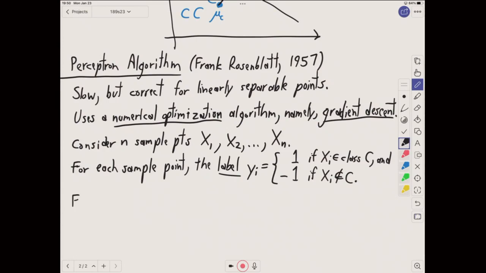Now, to make the presentation of the perceptron algorithm simple, it really helps if we make a simplifying assumption right now, which is that we're going to consider only decision boundaries that pass through the origin.